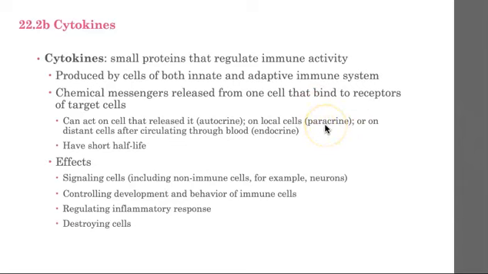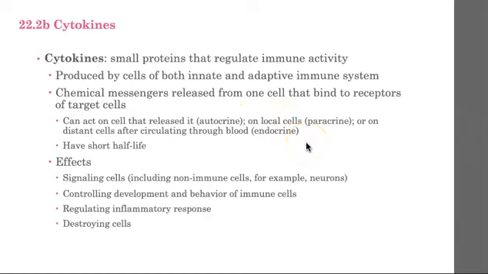Para meaning close by, surrounding. Or if I have cell A secrete a cytokine and it goes to cell Z, then it's traveling far away to these distant cells after circulating through the blood, and that would be more of endocrine signaling.